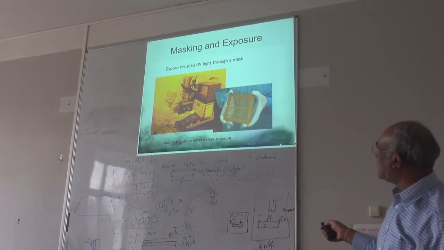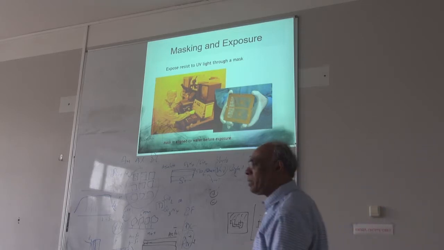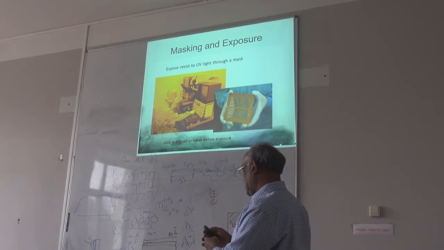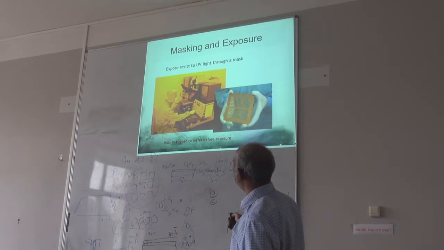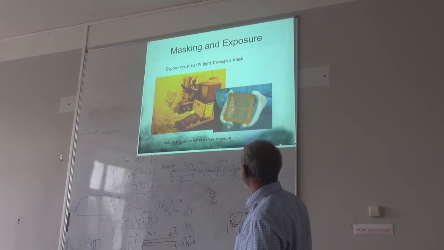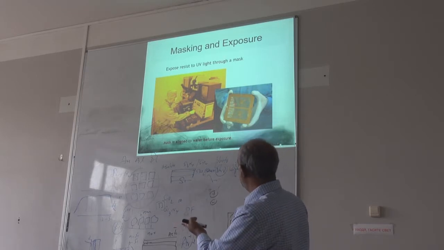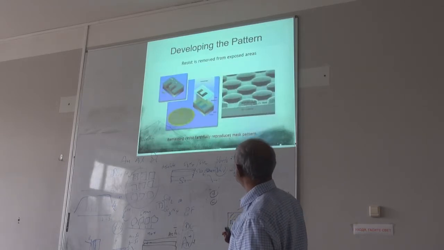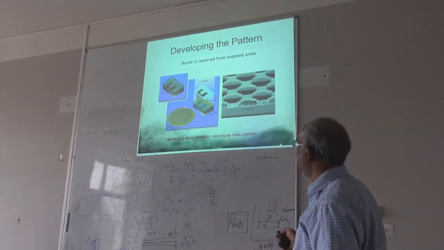Then there's something called the mask aligner. Probably you have that one, because it's basically a good microscope, and you can see the marks. So you put the mask under the mask aligner and just expose.